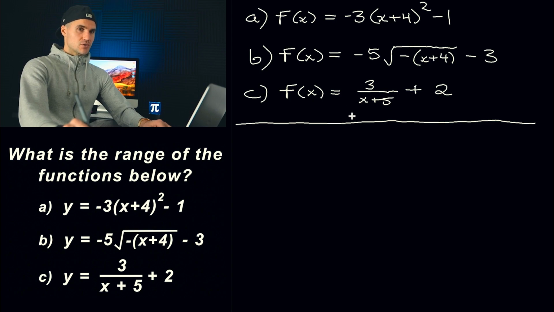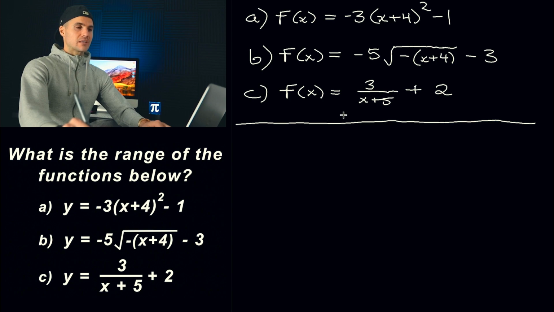Now, there are different ways you could do this question. You can, if you want, go through the entire transformation process of graphing these, and then you can look at your specific graph and get the range from there. However, notice in this question, they're not asking us to graph. They're just asking for the range.